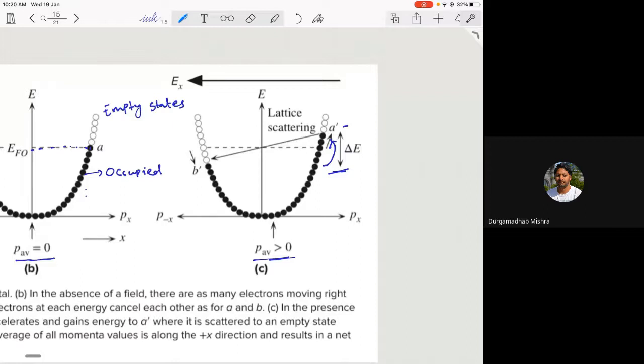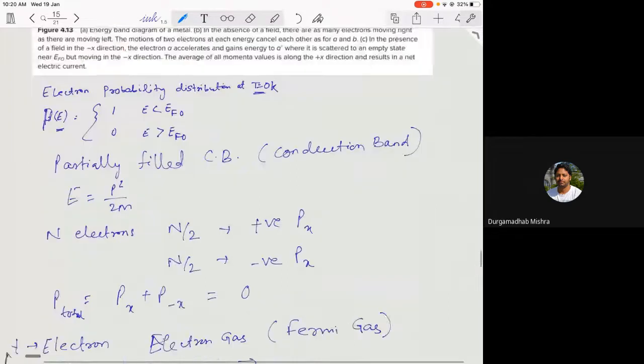Now, when we describe this in terms of the band structure, what do we mean by scattering, or collision?